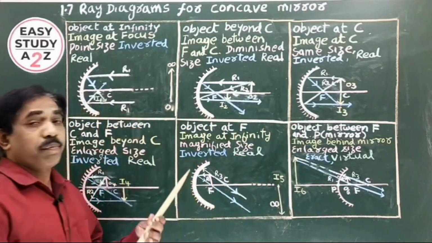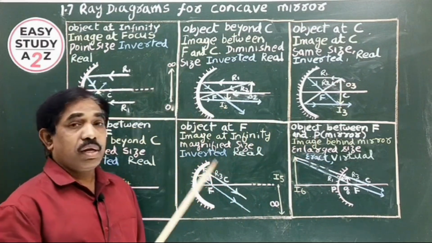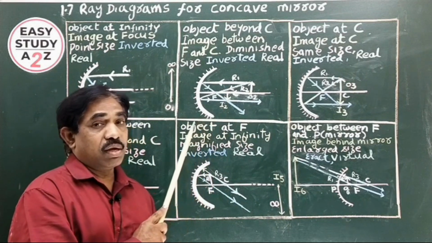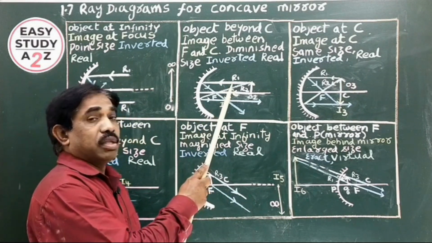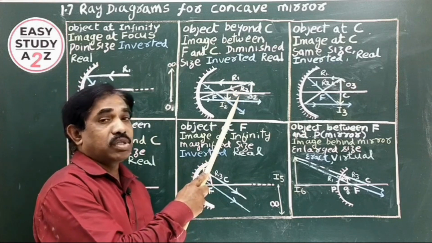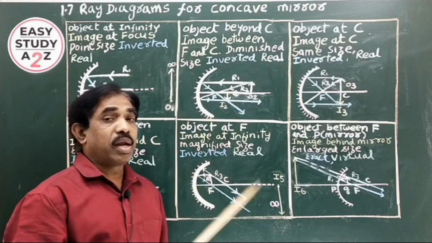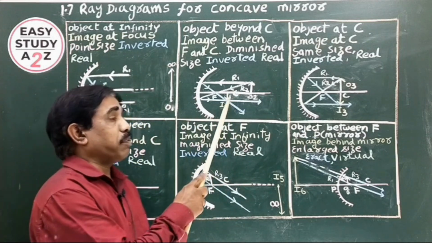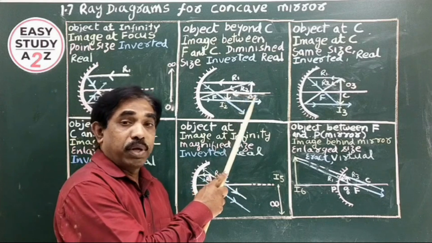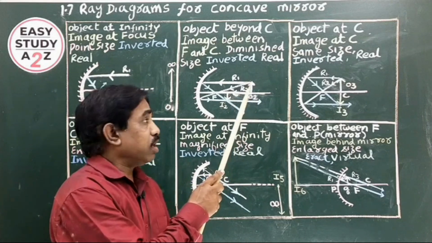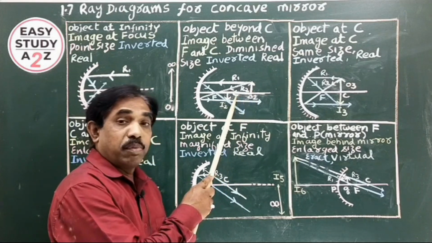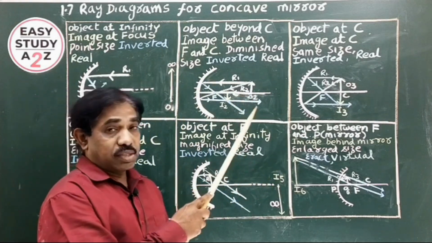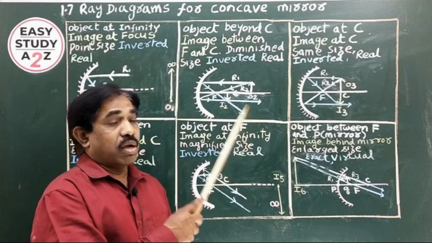Now coming to the second diagram. Here two types of rays are used: R1 is one ray, and R2 is another ray. So rule 1 and rule 2 are followed here. Now the object is kept beyond the center of curvature, and from there the incident rays are coming.